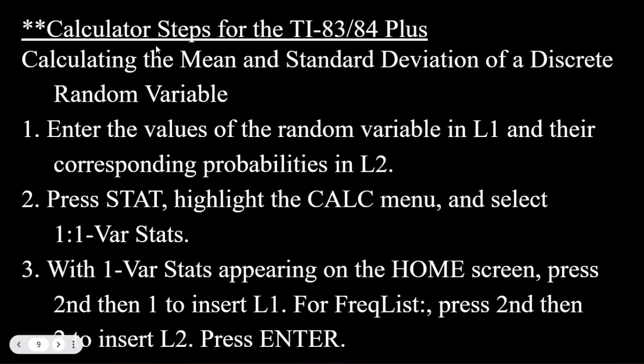We've done these steps before, just in a different context. With One-Variable Statistics on the home screen, press second, then 1 to enter L1 if it's not already there for your X list. For the frequency list, press second and then 2 to insert L2, and then press enter.